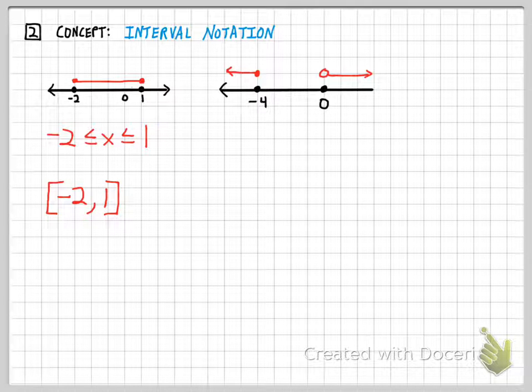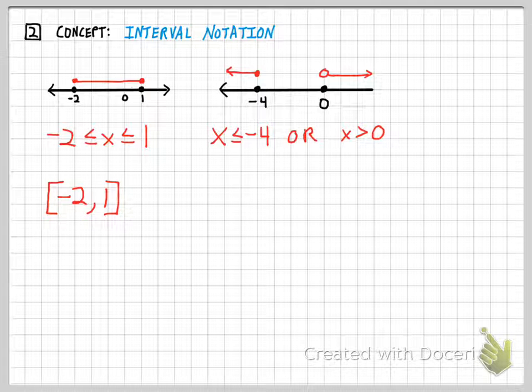Alright, over here on my right I actually have 2 intervals to describe. So your inequality notation might look something like this. All values of x less than or equal to -4, or values of x that are greater than 0. Strictly greater than this time because I'm not including 0.